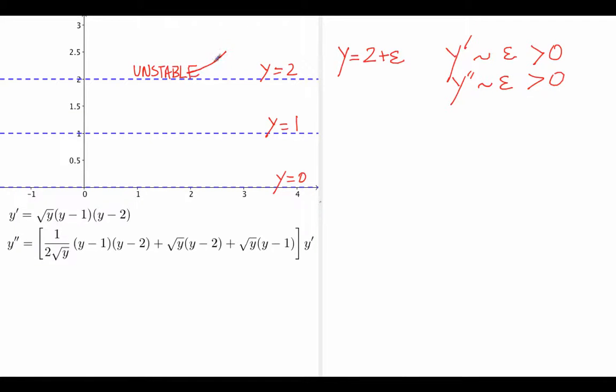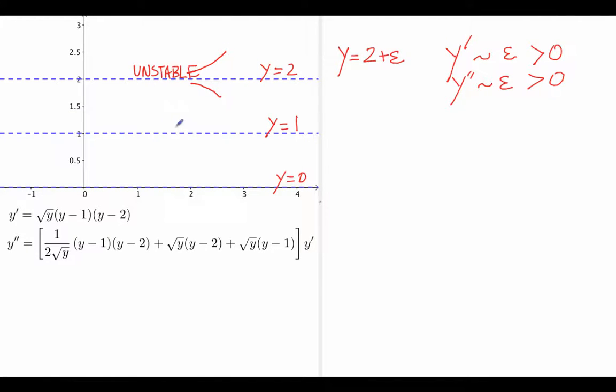Now, what about down over here? When epsilon is negative, then y prime is negative, which means it's sloping downwards like this. And y double prime will be also negative. So that's telling us that this is unstable both on the top and on the bottom.